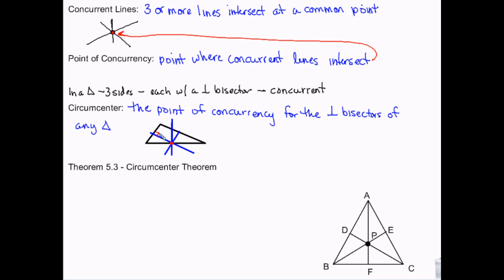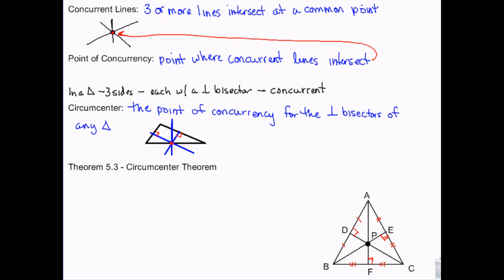Okay, and that point is the circumcenter. Now we're assuming that I actually drew correct perpendicular bisectors and this all worked, okay? Here's another example. Sometimes it occurs inside the triangle. So these are all perpendicular and they're all being bisected.